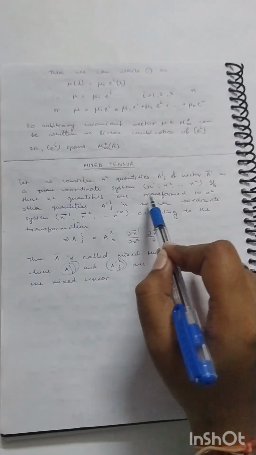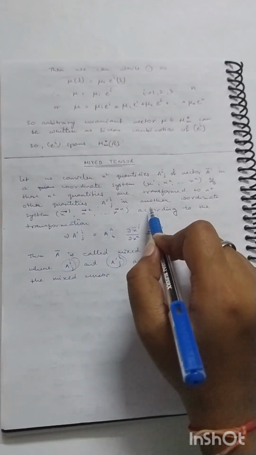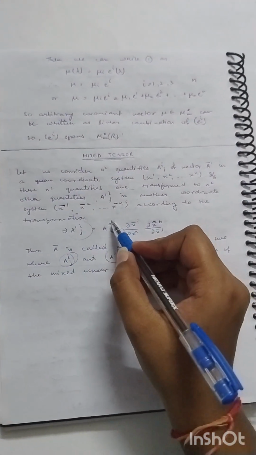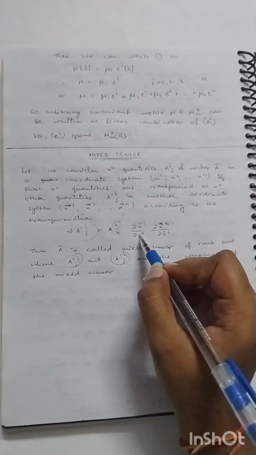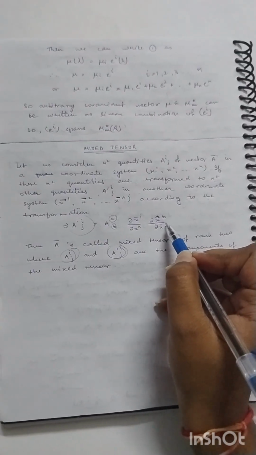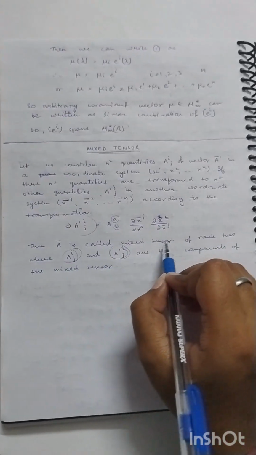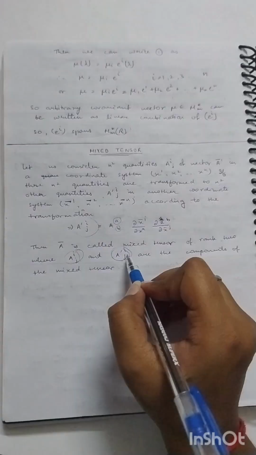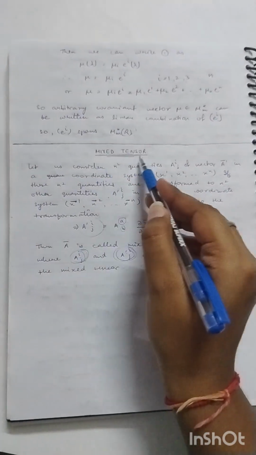If these n square quantities are transformed to n square other quantities A dash superscript i subscript j in another coordinate system x dash 1, x dash 2 to x dash n, according to the transformation A dash i j is equal to A subscript b superscript a times delta x dash i upon delta x to the power a, times delta x to the power b upon delta x dash j, then A dash is called a mixed tensor of rank 2, where A i j and A dash i j are the components of the mixed tensor.